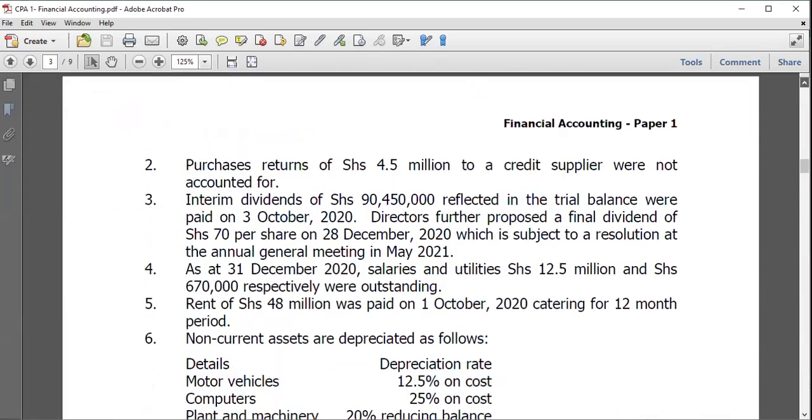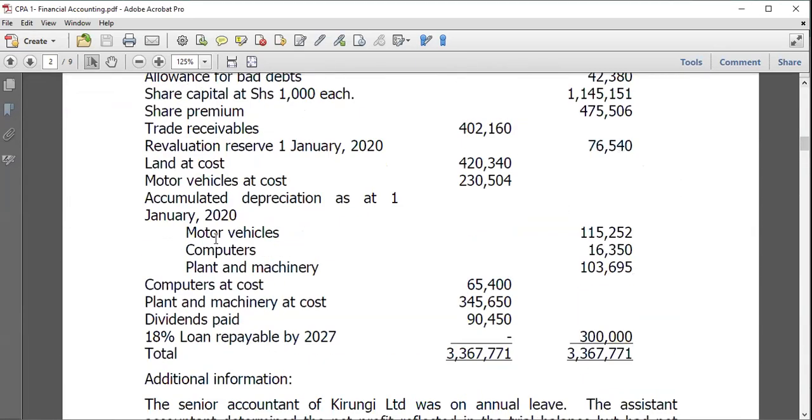Okay, but the accumulated depreciation they have provided to you is at the start of the period. So yours is to get this value and add the depreciation for the period. If you want to update it, this is for the start of the year, but if you want one for the end of the year, you take what you started with and add the depreciation for the period.